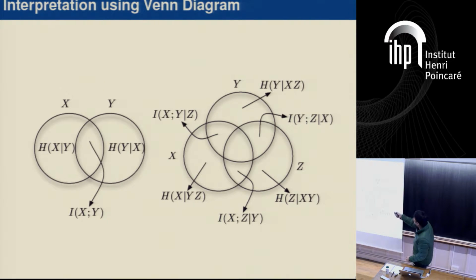Similarly, when we have 3 random variables, we can also do the same thing. This is the part here, which only appears in y, but not x and z.